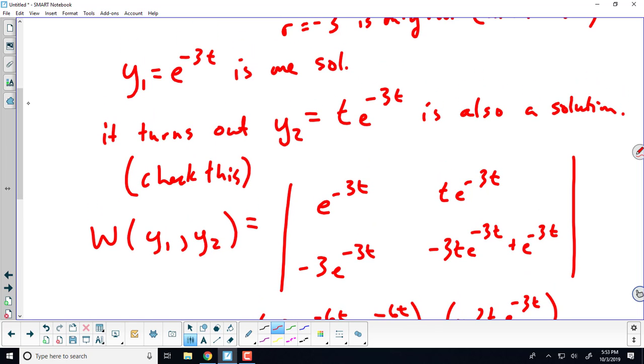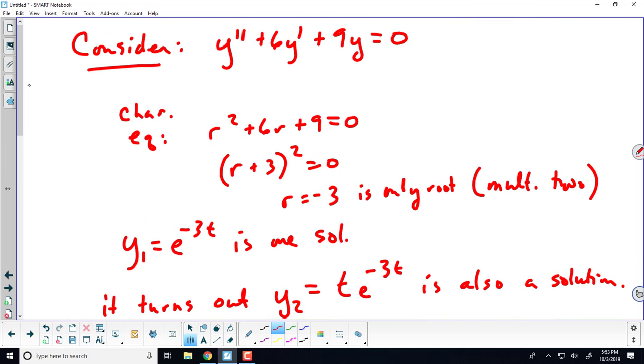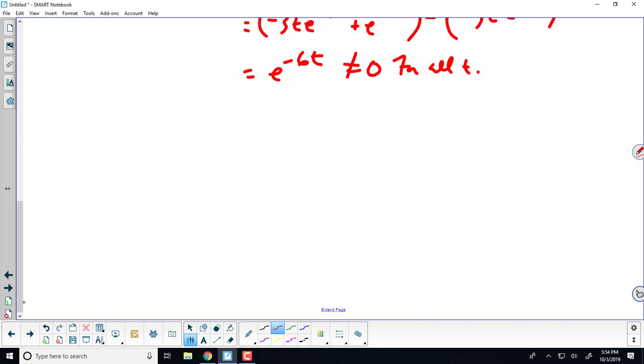There's no way to create one of them by doing some sort of crazy multiplication to the other. We've got two of them, and we were solving a what-order linear homogeneous ODE? Second order, so we're done. We've got as many independent vectors as we do dimensions to our vector space, so it's a basis.